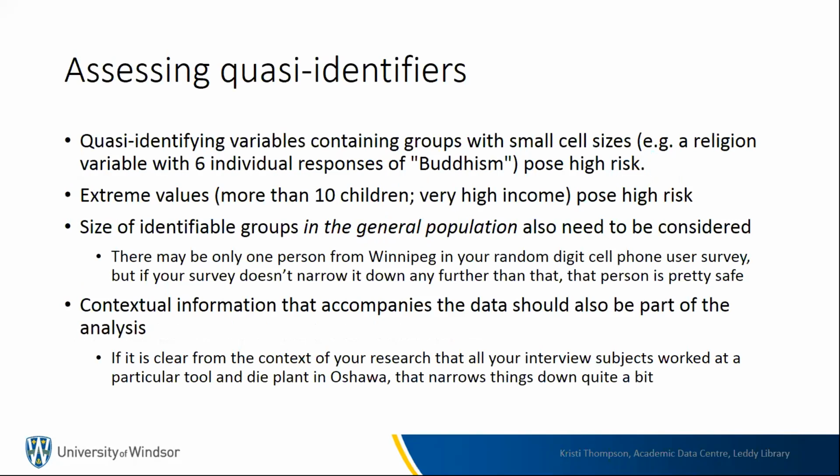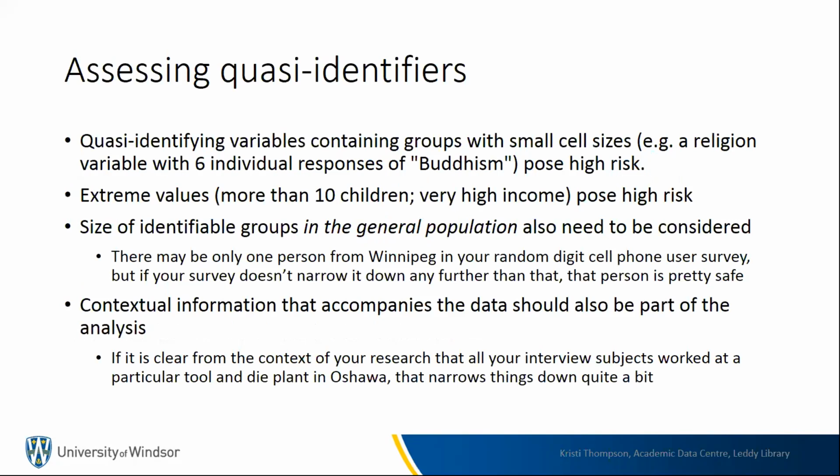Start with the basics for assessing quasi-identifiers. Quasi-identifying variables containing groups with very small cell sizes, such as a religion variable that has 6 individuals responding that their religion was Buddhism, pose a high risk. Extreme values, someone saying on a survey that they had 12 children, a very, very high income value, that's also something that's going to pose high risk.